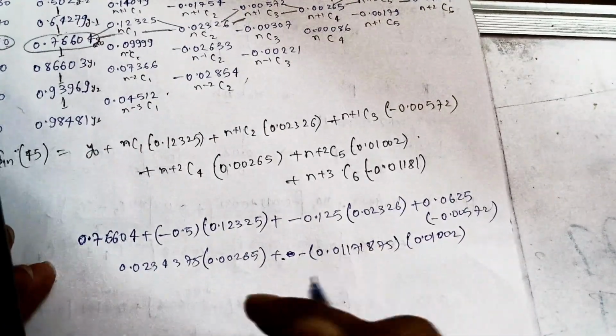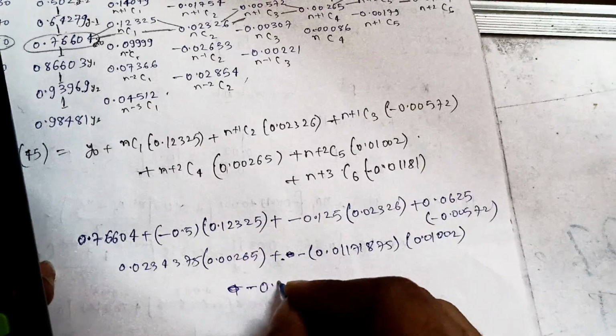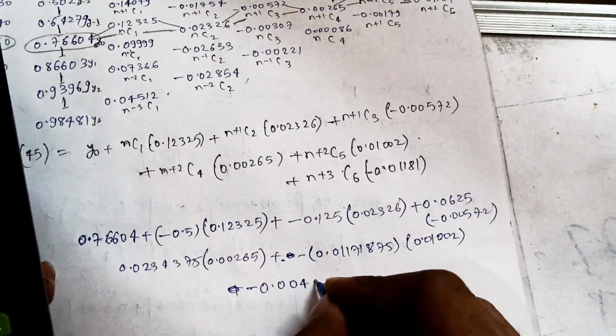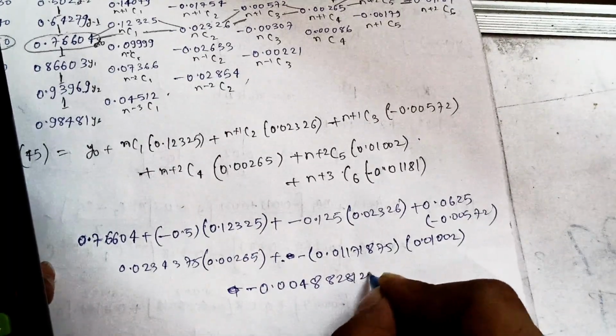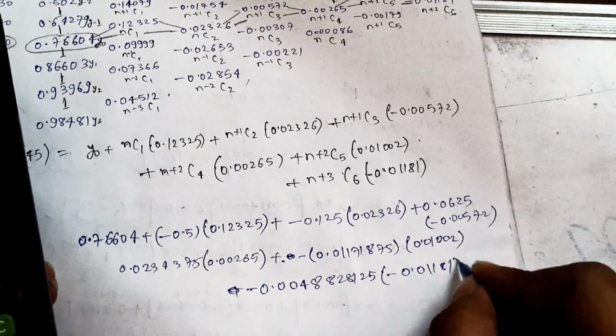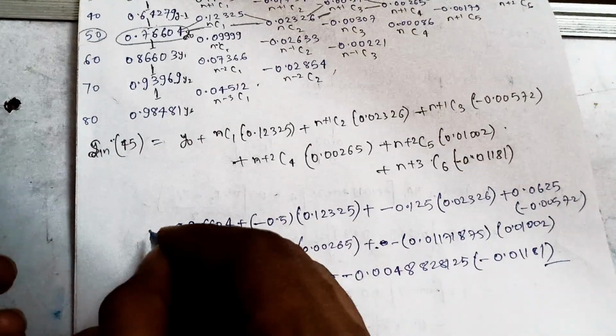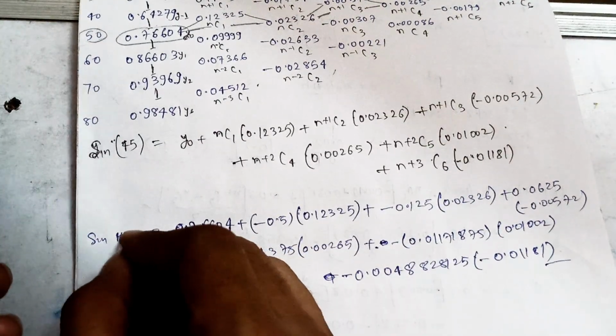So let's evaluate this. Writing down minus 0.004882825 and multiply with minus 0.01181. So we just need to calculate all these values so that we get the sin 35 value.